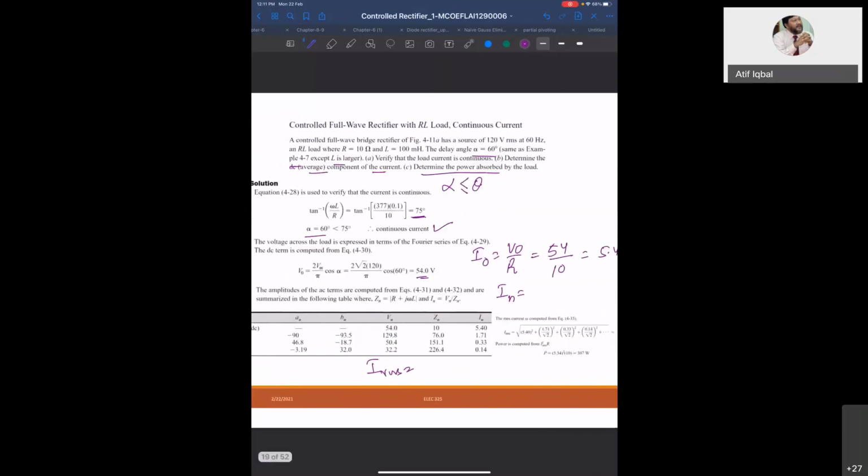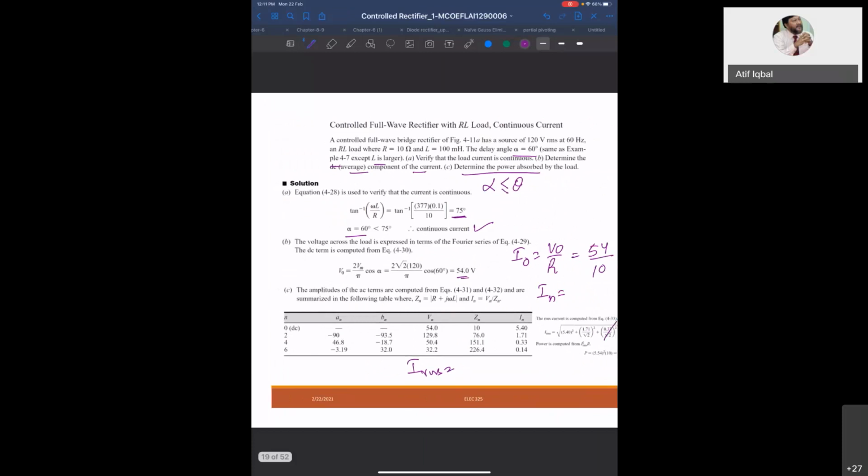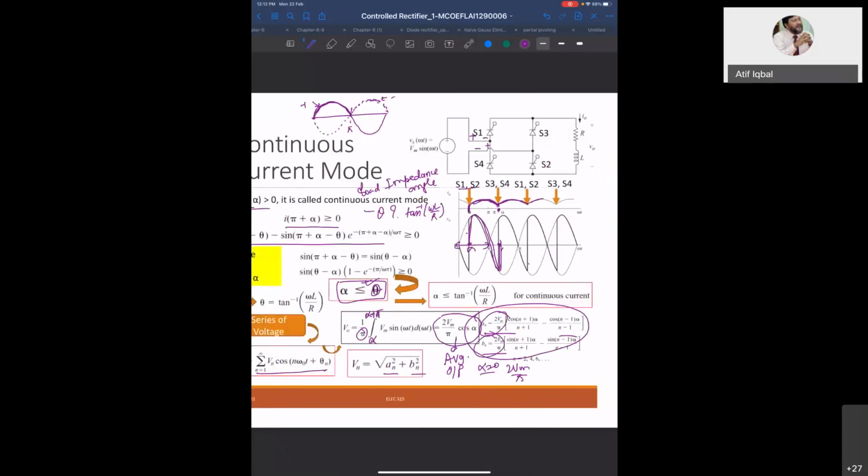You can use just one, the second harmonic, that will be enough. Even if you don't use it, that's fine. But here they just show you the calculation for Vn, Zn, In. To calculate this An, Bn and all that is a little complex, because we have the An formula, the Bn formula, and all those.